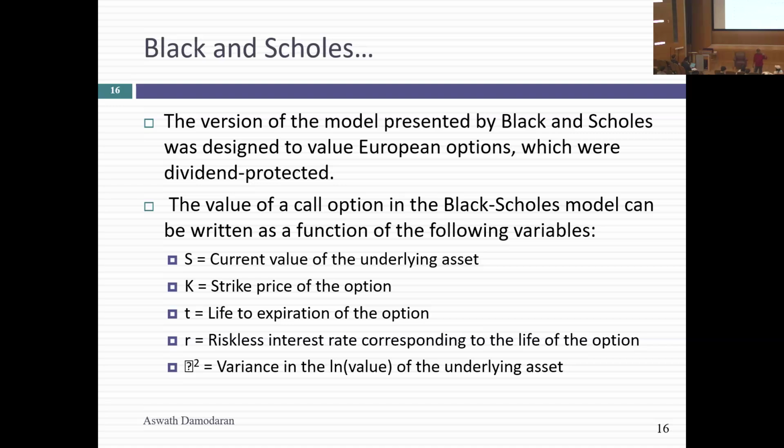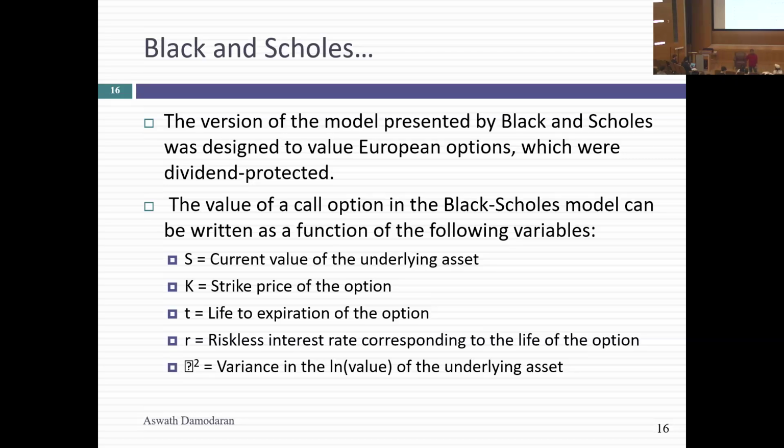There's the value of the underlying stock, S, the strike price, K, the life of the option, T, the risk-free rate, R, and don't ask me why, but Microsoft Office, when I go from Mac to PC, turns all my sigmas into question marks. So it's not question mark squared. It's sigma squared, the variance, 5 variables.